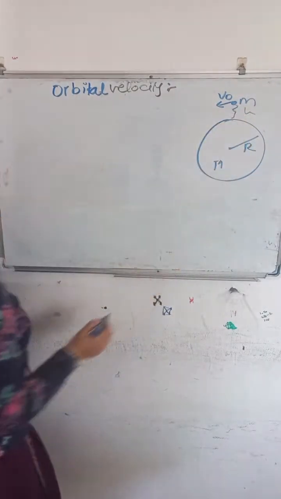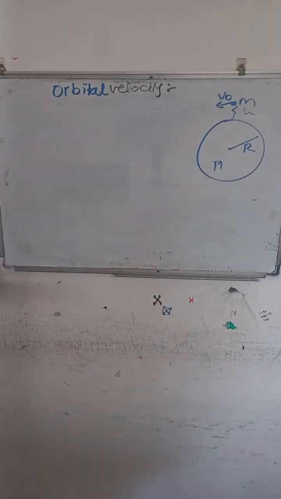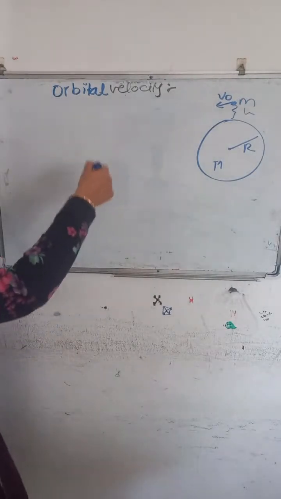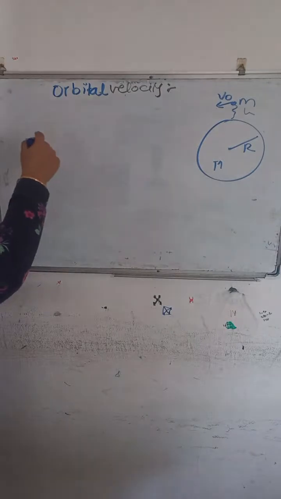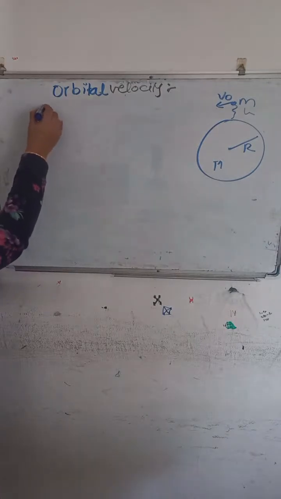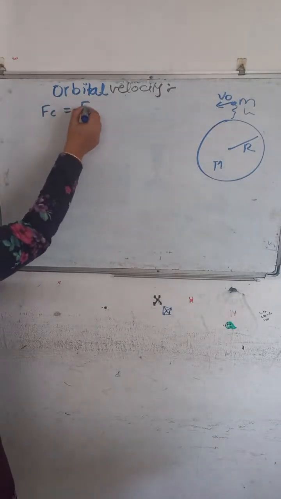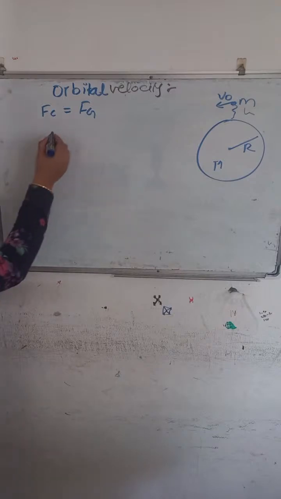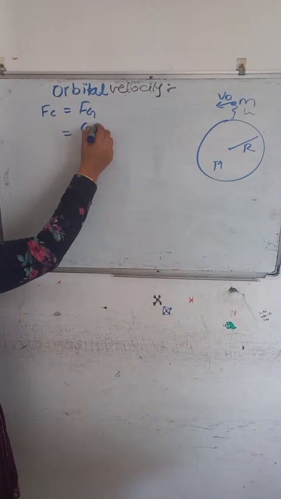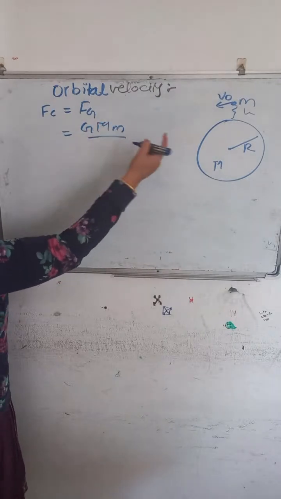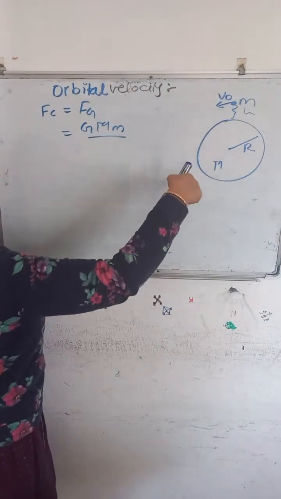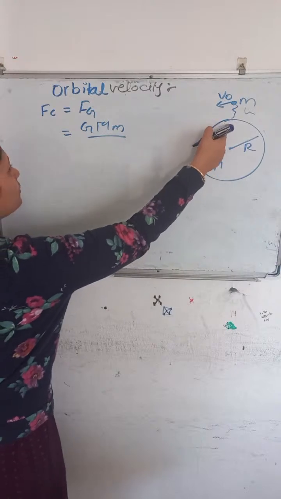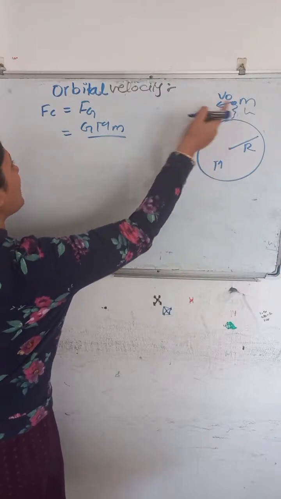As the body is revolving around the earth, there is centripetal force as well as gravitational force, and both are equal. The gravitational force is GMm upon (R plus h) whole square, since it is revolving at the predetermined height h.